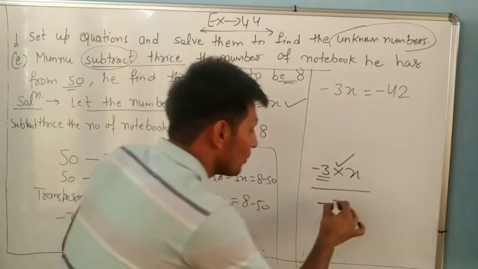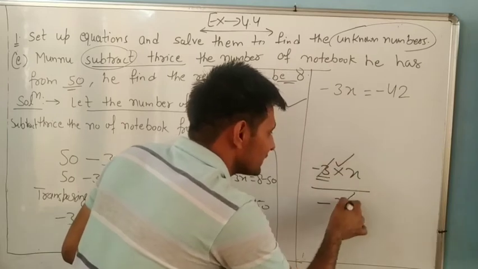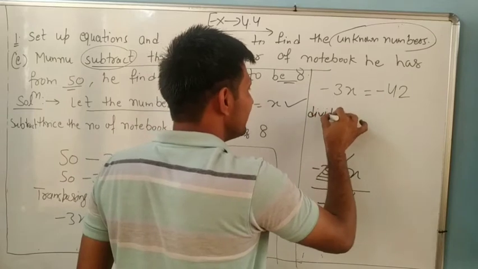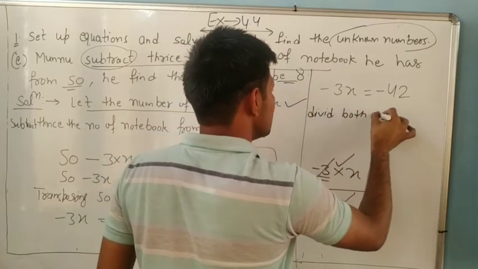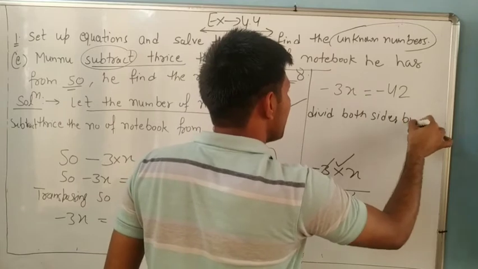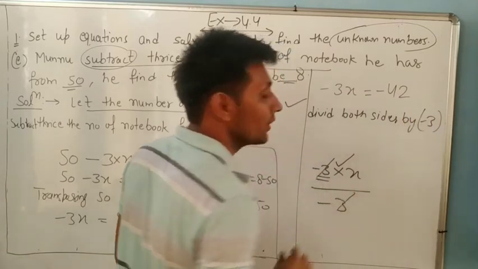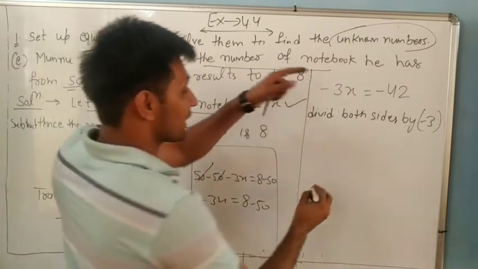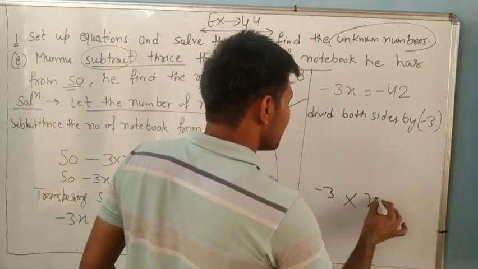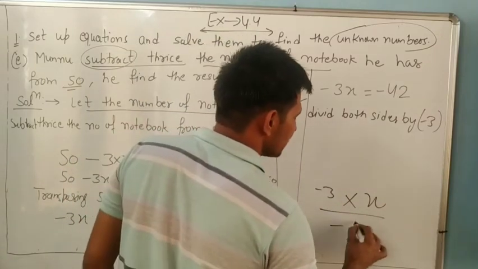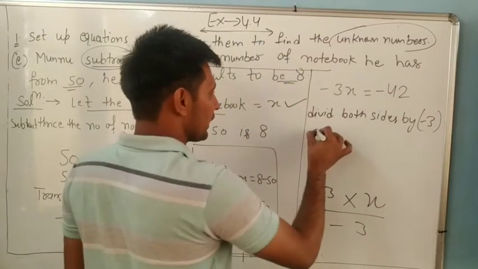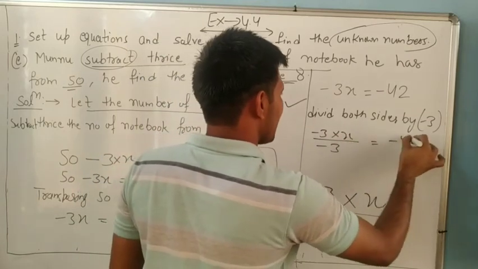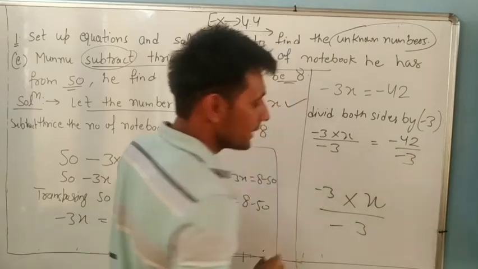So we write divide both sides by minus 3. Why? Because minus 3 is multiplied by x here. So minus 3 times x divided by minus 3 equals minus 42 divided by minus 3.